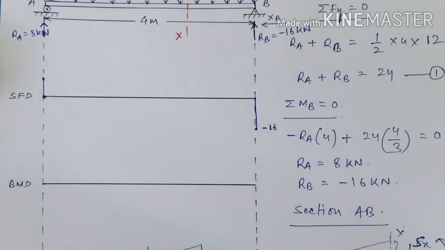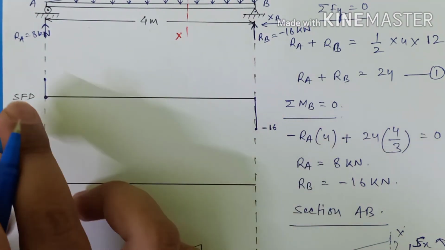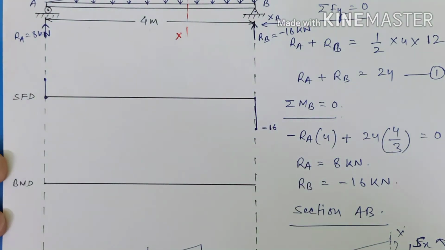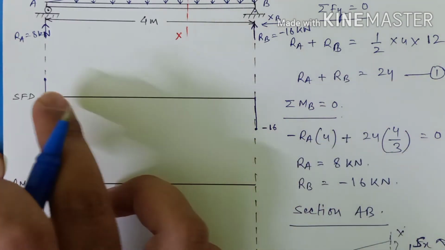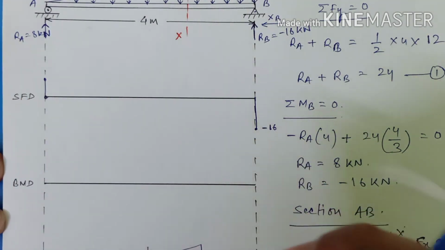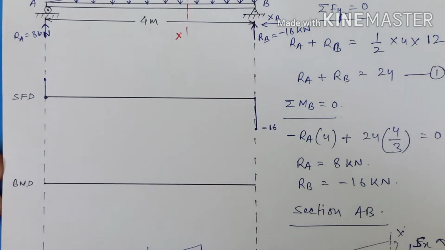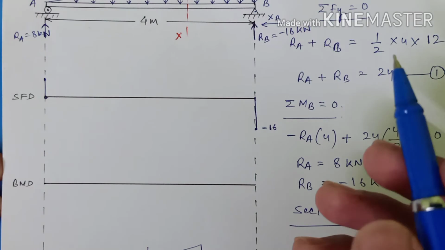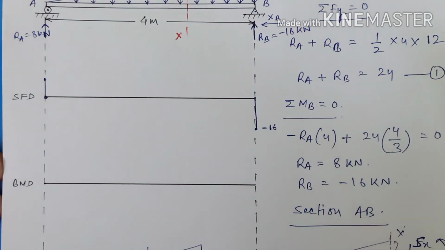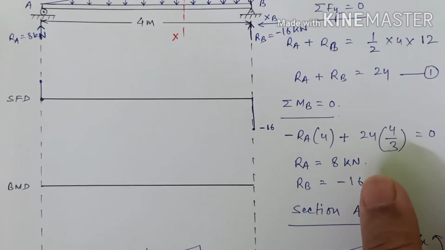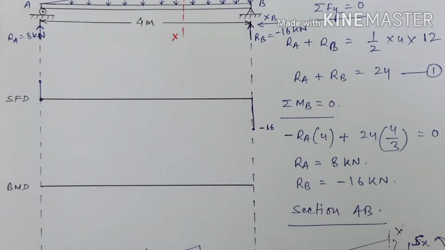Now the question is, how do we join this line? For that, remember one thing. In case of UVL, for joining this line, you have to find the point where the value of shear force becomes 0. That is the very point where the value of bending moment will be maximum.